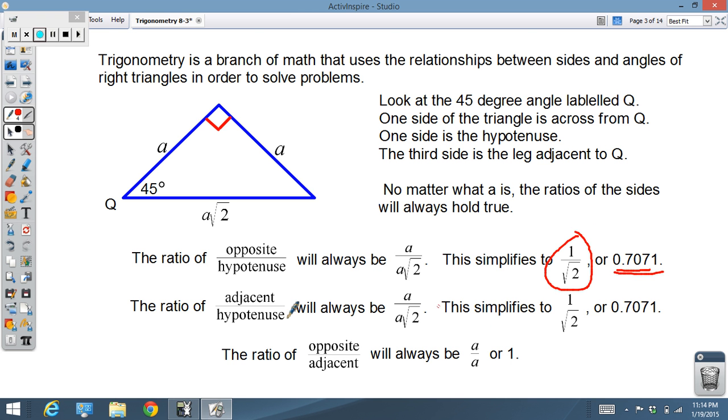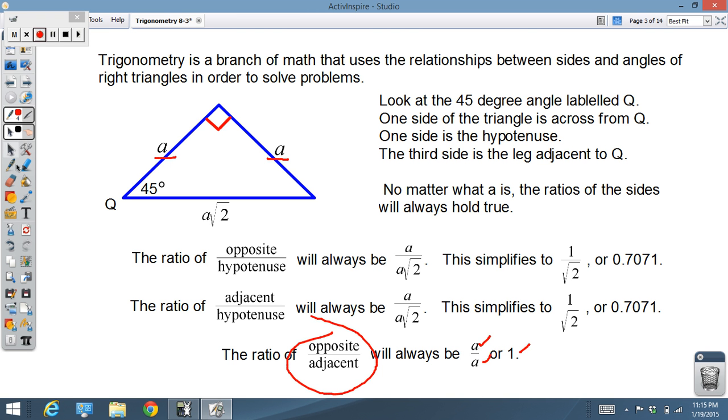Doesn't matter what A is, okay? We're going to have the same thing with the ratio of the adjacent side over the hypotenuse. And actually, these numbers work out to be exactly the same. The ratio of opposite over adjacent is always going to be A over A, or 1.